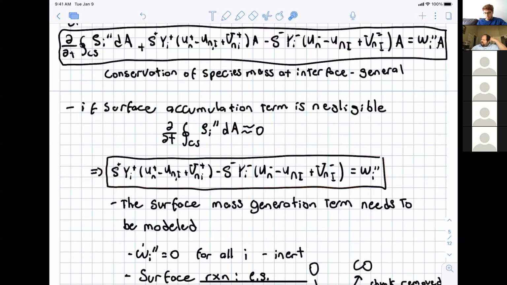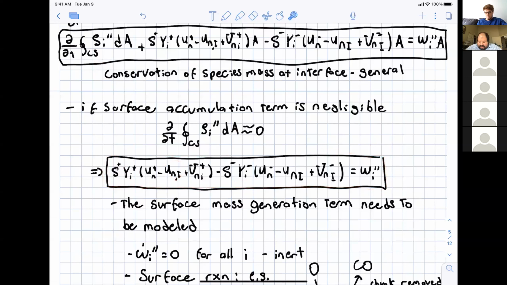But when you solve problems with this, you still really need to put some thought into what the mass fraction of species I is on the liquid side versus the mass fraction of species I on the gas phase surface, and what the surface reaction rate would be if there is one.